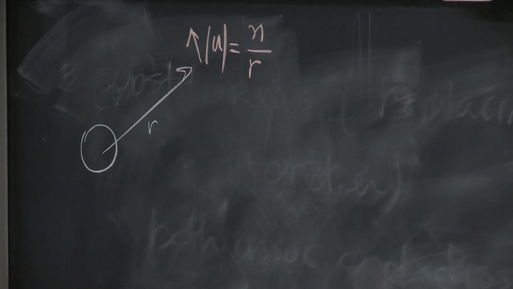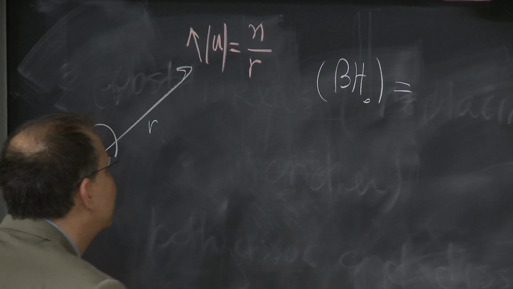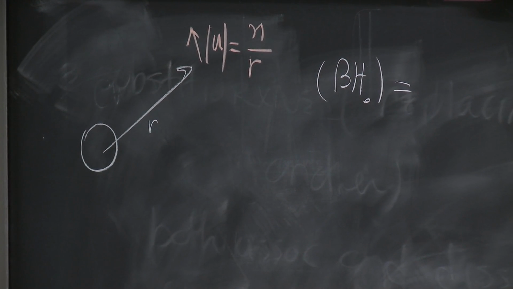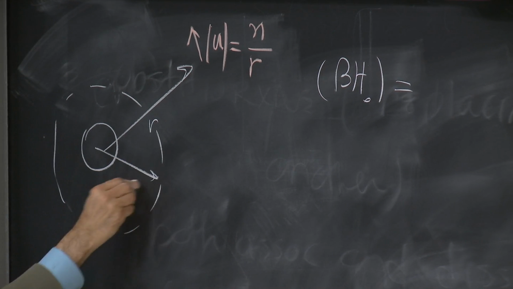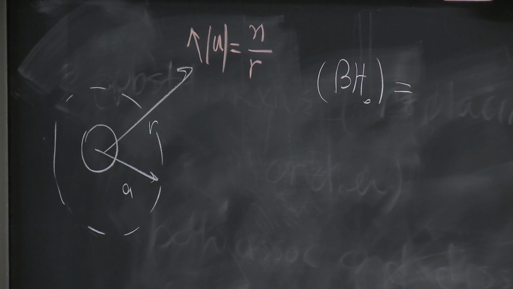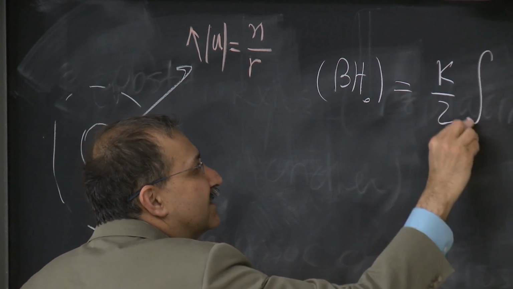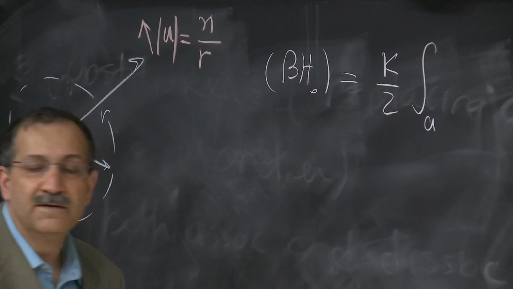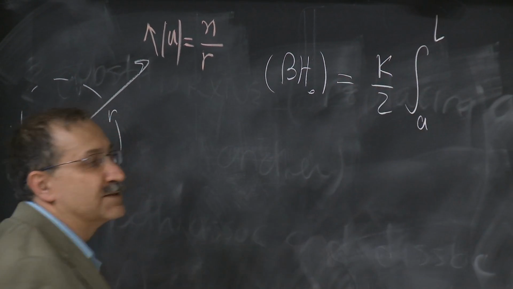And then the net energy cost for one of these defects, if I say that I believe this formula starting from a distance a, is k over 2 integral from a, let's say, all the way up to the size of my system.